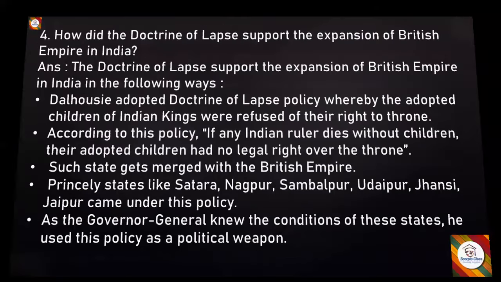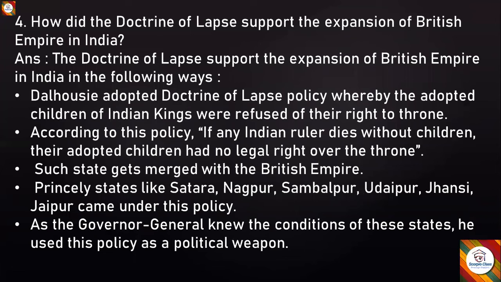Next question. How did the doctrine of lapse support the expansion of British Empire in India? Answer. The doctrine of lapse supported the expansion of British Empire in India in the following ways. Dalhousie adopted doctrine of lapse policy whereby the adopted children of Indian kings were refused their right to throne. According to this policy, if any Indian ruler dies without children, their adopted children had no legal right over the throne.